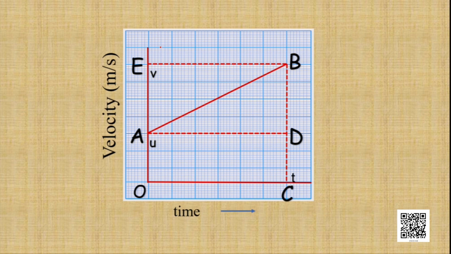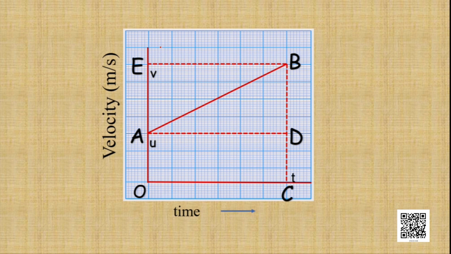For that, let us draw a parallel AD to OC. OC is our time axis, so we draw AD parallel to the time axis. Now from the graph you can observe that BC represents the final velocity, OA represents the initial velocity, and OC and AD represent the time interval.